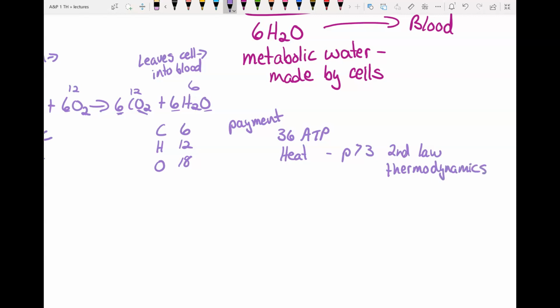Whenever you convert energy from one form to another, you get heat. We were converting energy. Glucose is a form of energy. ATP is a form of energy. We converted glucose energy to ATP energy. Therefore, we also produce heat. So this is where energy comes from. This is where body heat comes from.